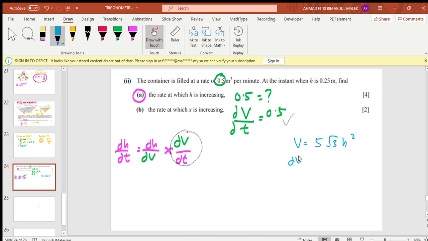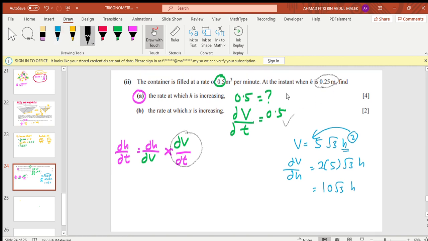So dV over dh, why dh? Because here is h. So 2 times 5√3 h becomes 10√3 h. You can substitute straight away. Your h is 0.25, so you will get 10√3 times 0.25.